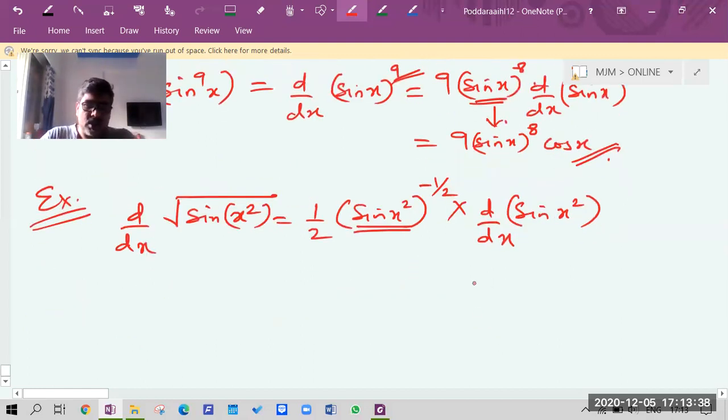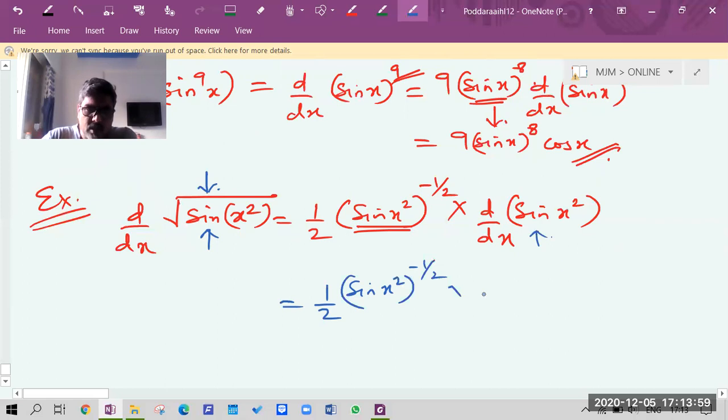First layer, the square root, done. As I said, attack the outermost thing. Then you attack this, the second layer. So half into (sine x square) raised to minus half into d by dx of sine, which becomes cos x square.